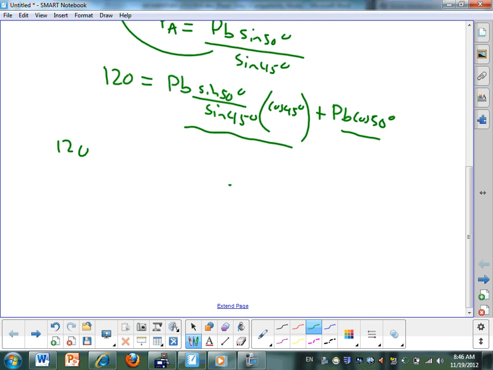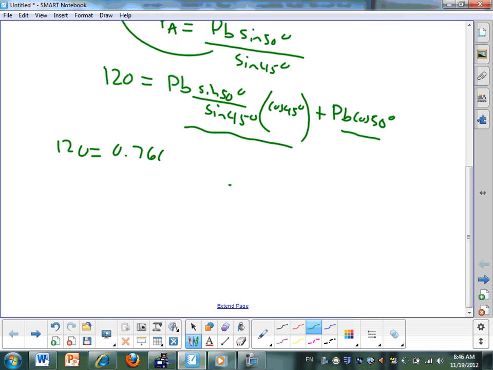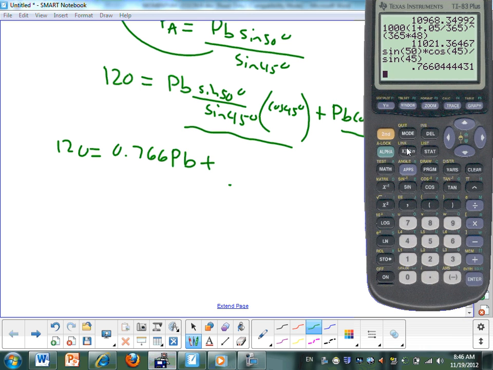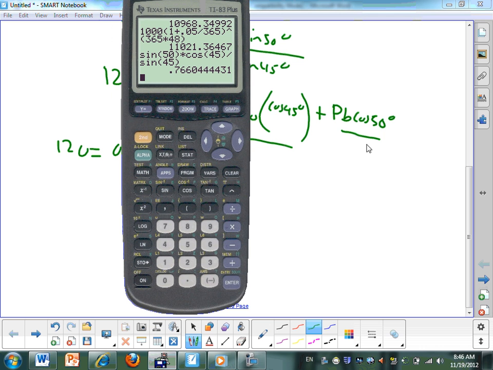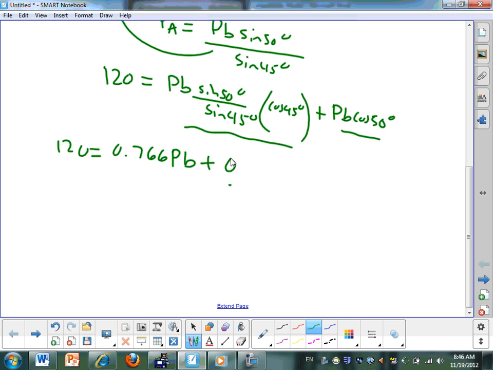So 120 equals 0.766 PB, plus, and my cos 50 is 0.643.